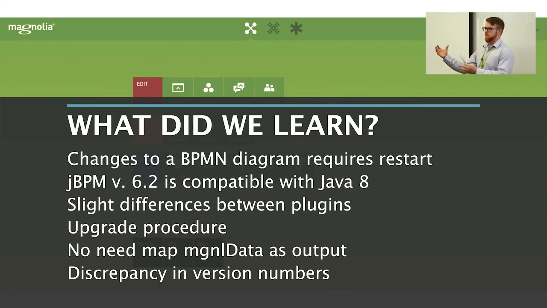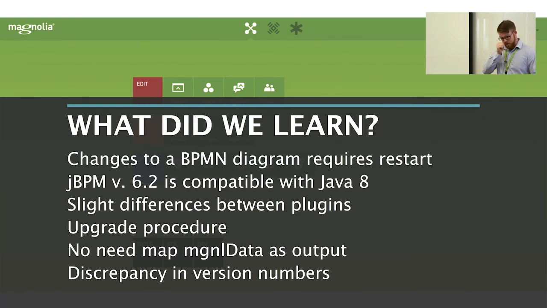This is the data that's transferred throughout the workflow. If you provide the MGNL data as an output, it'll empty that map of data. This was frustrating to learn and figure out, but it's just how it worked. It's kind of a gem because you don't have to do any work to pass it on. It's actually less work, and I was overdoing what I needed. But this is one that kind of jumped out at me for everyone. Might be useful to know.